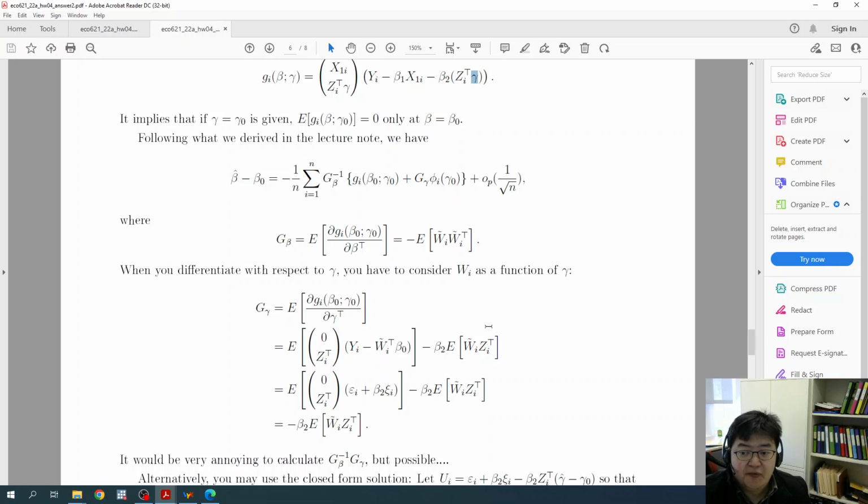That is what you get. And the first term disappears because when you evaluate at beta 0 and gamma 0, these guys equal this error term, and we know it's exogenous, so it becomes 0. So this part goes away and we only have the second part, which is pretty similar to the usual algebra.